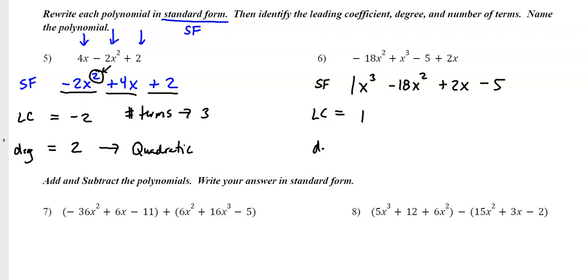The degree of this thing is degree 3, which I might as well use to name it. If your highest power is a degree 3, you are a cubic. And what else do we have? We have the number of terms. Well, this one has 4 terms. 4 chunks here. We have 1, 2, 3, and 4 terms.